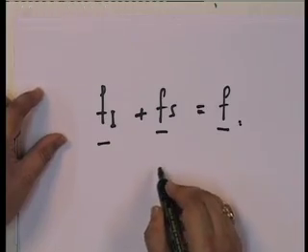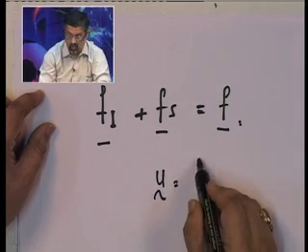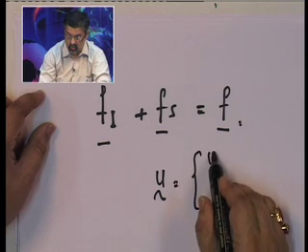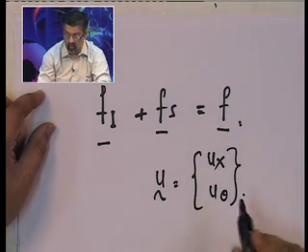Okay. That is what we have. F I plus F s is equal to F. And what are the degrees of freedom? The degrees of freedom in this particular case, u is equal to u x and u theta.